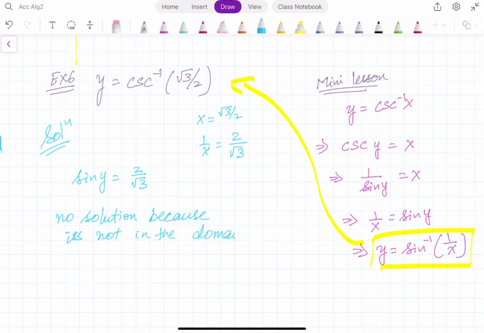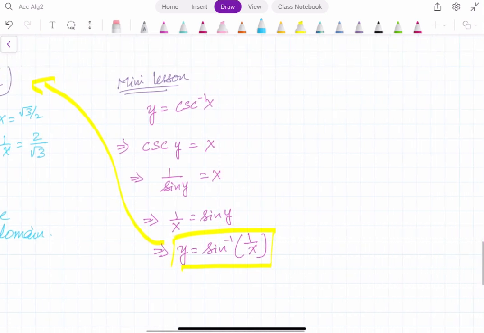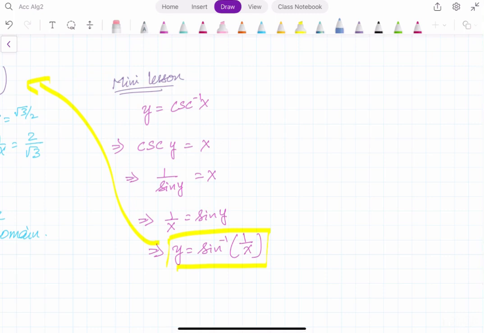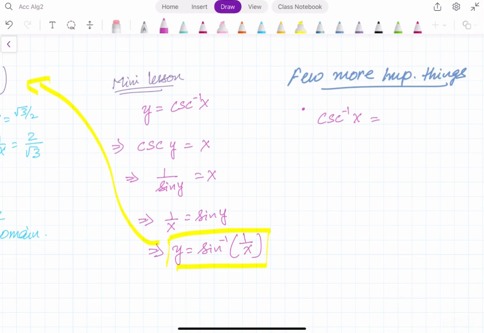So this is a very, very important proof that we just did in the mini lesson format, showing how the cosecant function can be written in terms of the sine inverse function. And the same way we can write the secant function in terms of the cos function, and the cot function in terms of the tangent inverse function. So jot down these important points. Cosecant inverse x can be written as sine inverse of 1 over x.